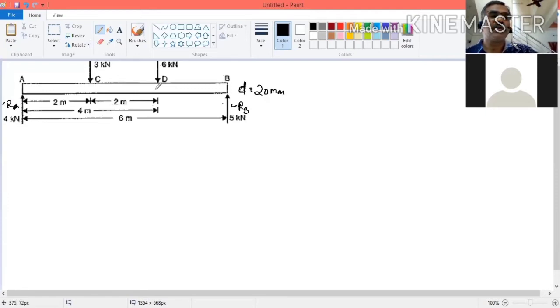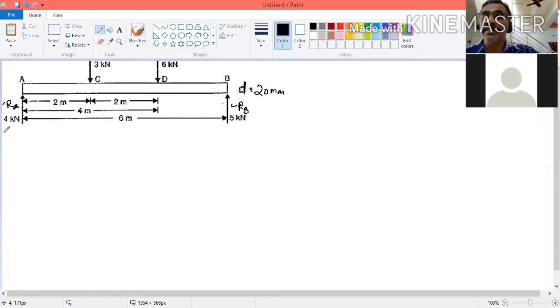Here there are two downward loads, and the reactions are not given. We have to find the reactions. If you take moment about A, then RA will become 0, and you can find the value of RB. If you take moment about B, then RB will be equal to 0, and you can find the value of RA.